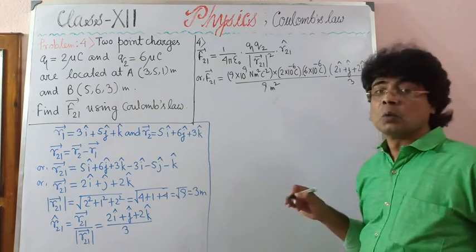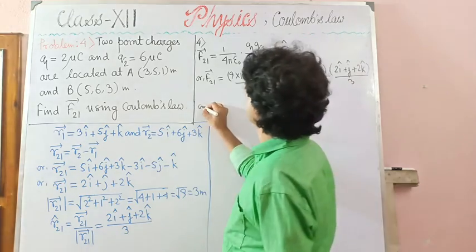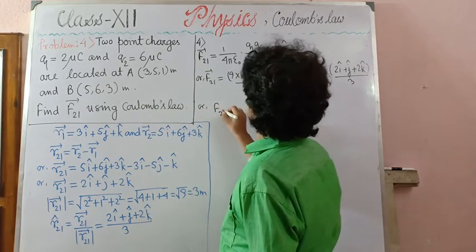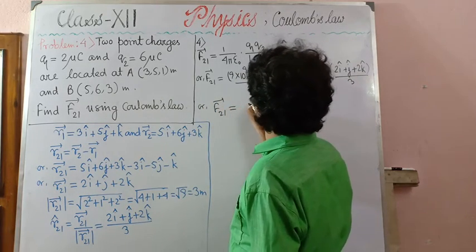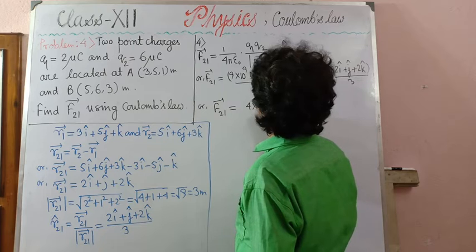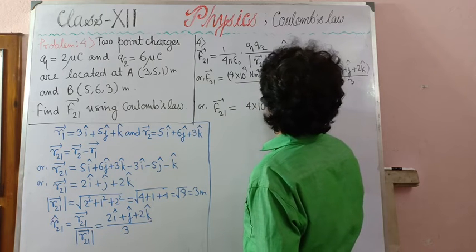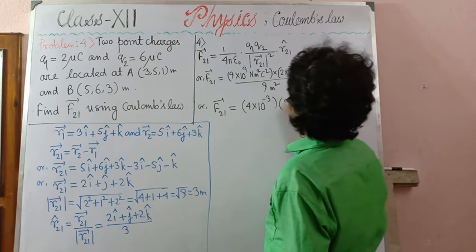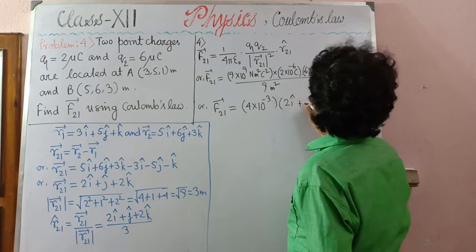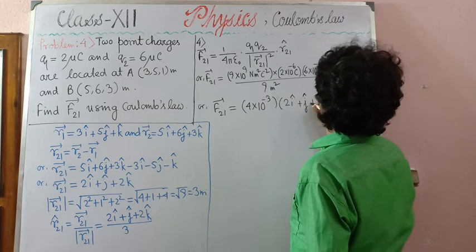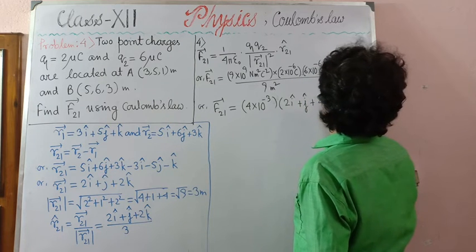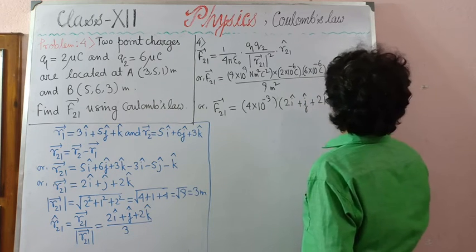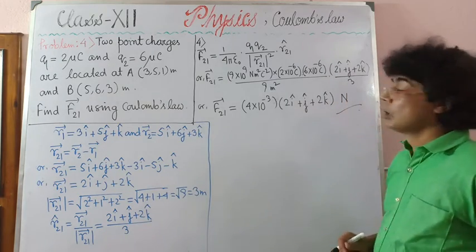Calculating this, we get F21 vector equals 4 into 10 to the power minus 3 (2i cap plus j cap plus 2k cap) Newton.